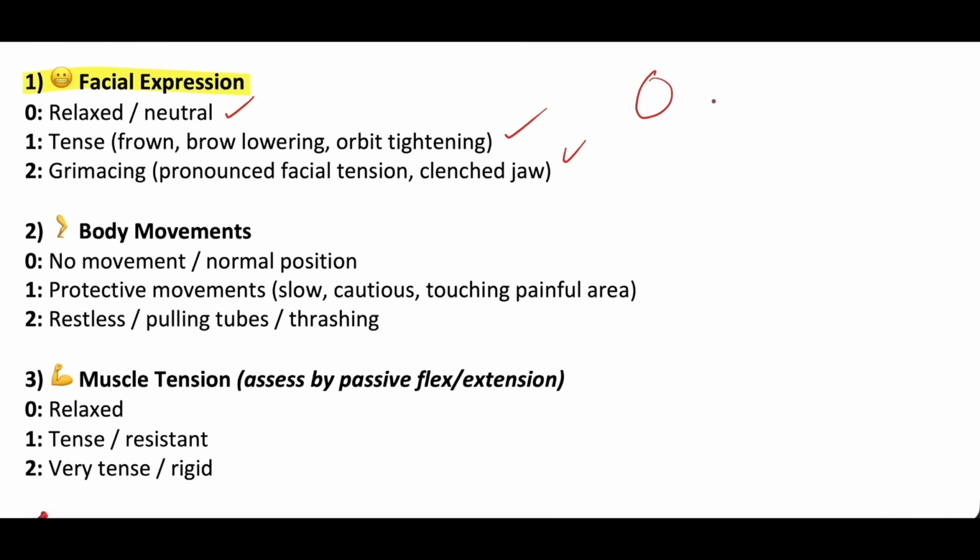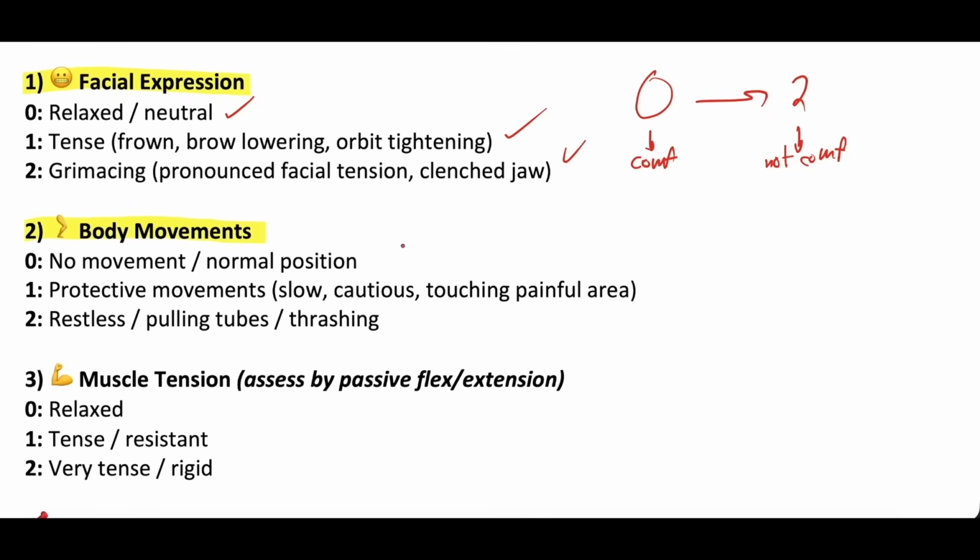So you can see that. 0 is going to be they look most comfortable, and 2 is going to be, for all of these, they look least comfortable. So the higher the score, the more signs of pain you are seeing within that domain. So domain number 2, body movements. 0 means they're comfortable, there's no movement, normal positioning, they're relaxed.